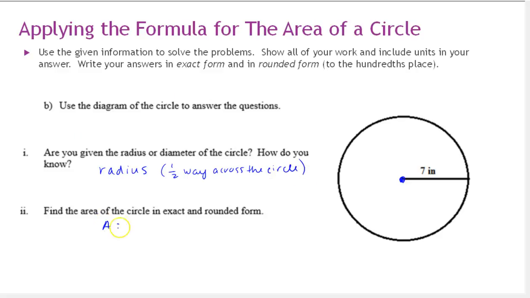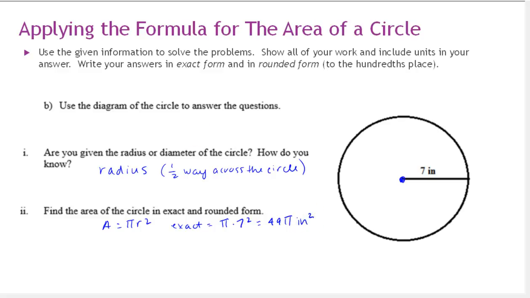And now we take our formula. Okay, we can just put 7 inches directly in our formula for the exact form. So we have pi times 7 squared, which is 49 pi inches squared. Oh, this is the same value as the last one.